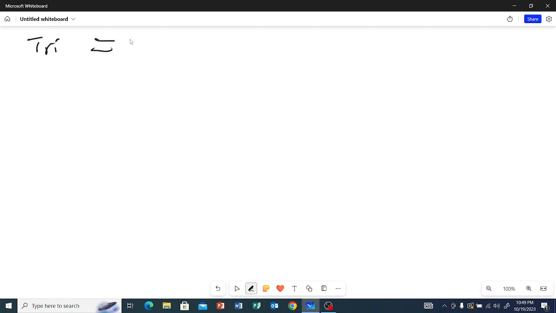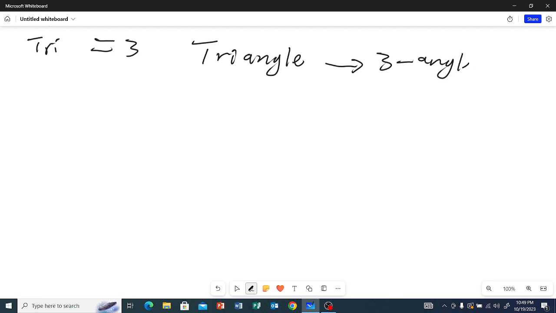So when you say triangle, you are speaking of a shape that has three angles, because tri means three. So when I draw a triangle, you must expect to see three angles.